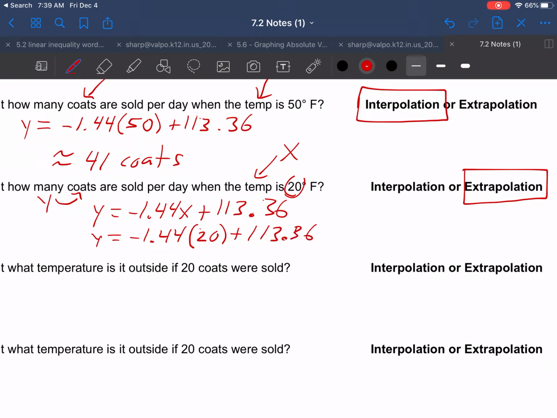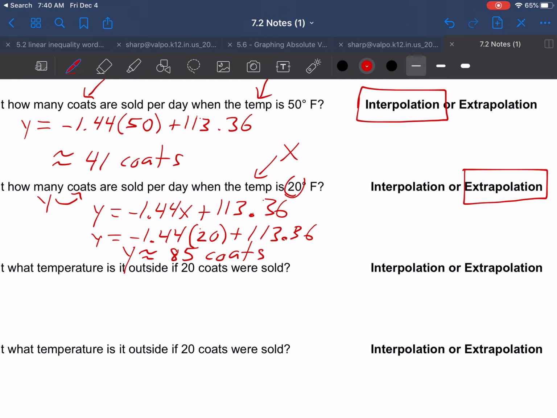Okay, so then I have a negative 1.44. I'm going to multiply that by 20. I will add that to 113.36. Which gets me approximately like 85 coats, right? So it should be about 85 coats.